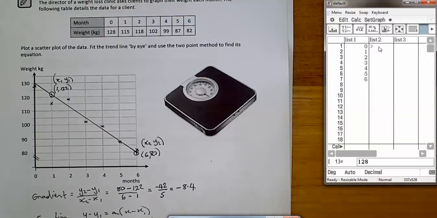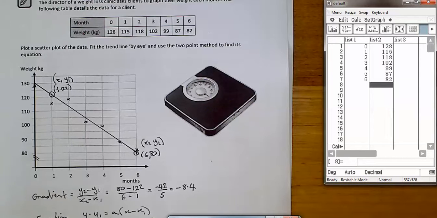Each piece of Y data has to be next to the correct corresponding X data. Make sure you've got all your data there, that it's all entered correctly, and then we're ready.